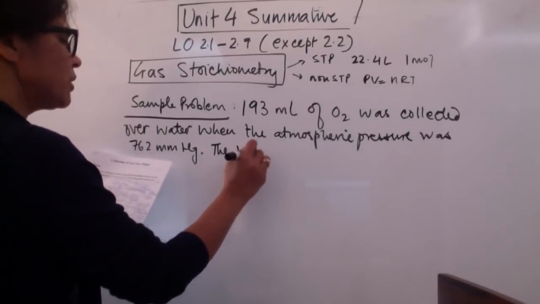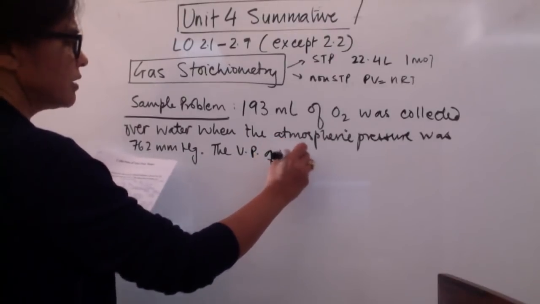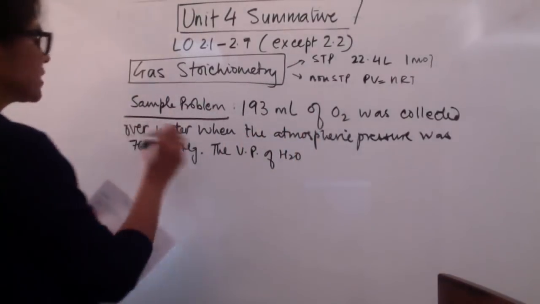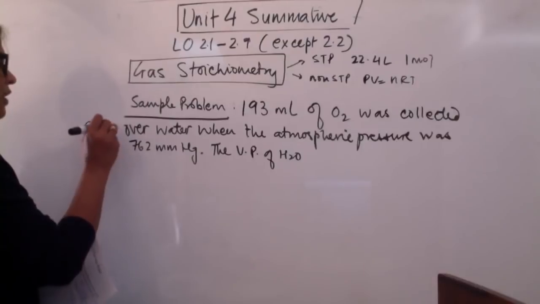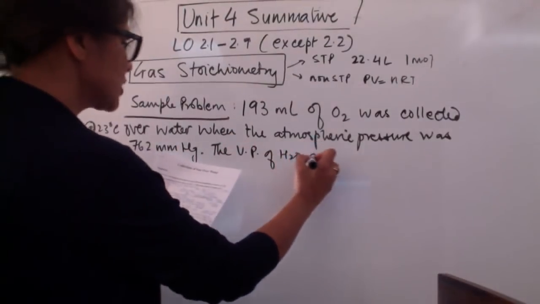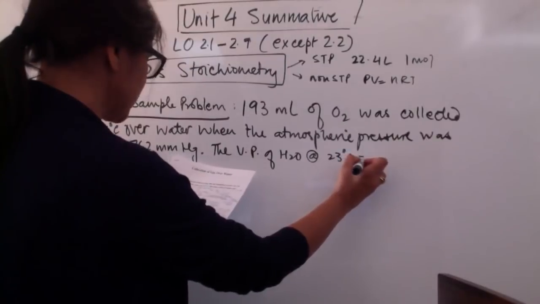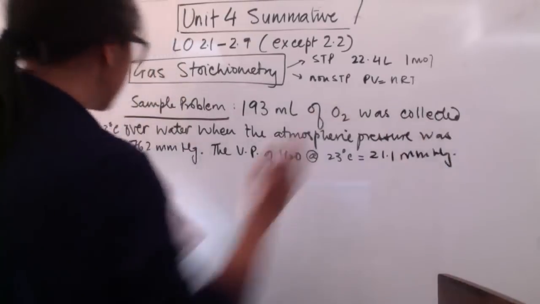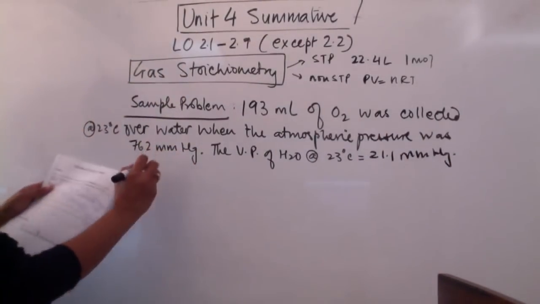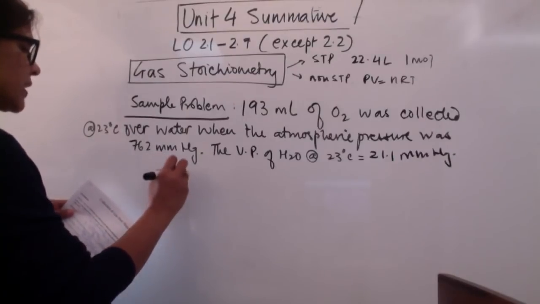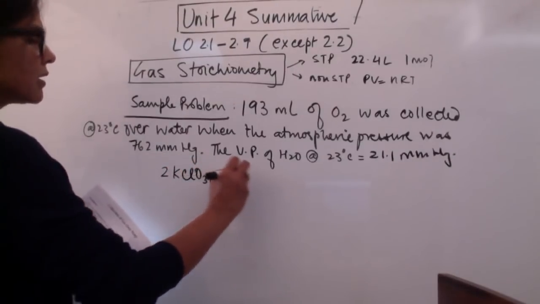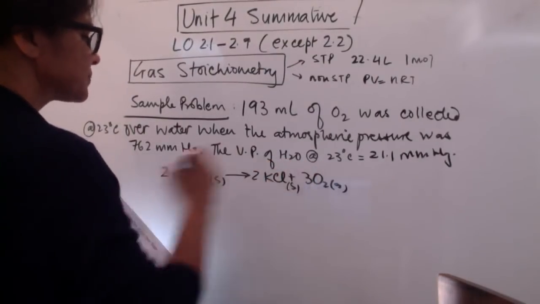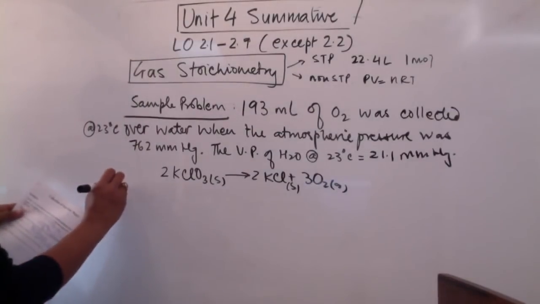The oxygen is collected at 23 degrees Celsius over water. The vapor pressure of water at 23 degrees Celsius is 21.1 millimeters of mercury. And this question has 2 parts. And then they give you the equation. 2 KClO3 solid gives you 2 KCl plus 3 O2 gas. That's the equation. Now, there are 2 parts to this question.